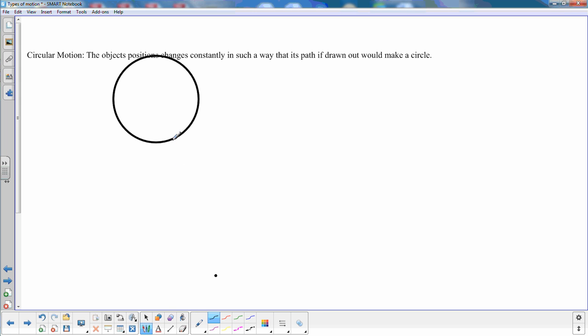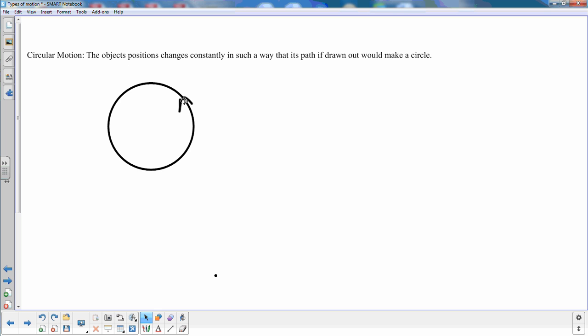But regardless, the object is always going in a circular pattern. The object's position changes constantly in such a way that the path drawn out would move in a circle. You saw a few of those. Anything attached to a rope, giving it a set radius, is an example of circular motion. So there's my R.